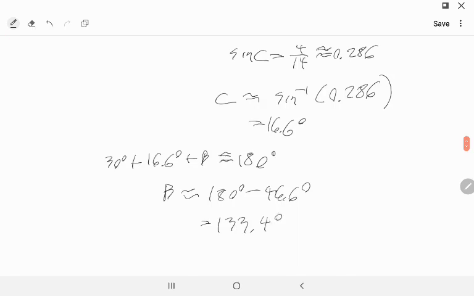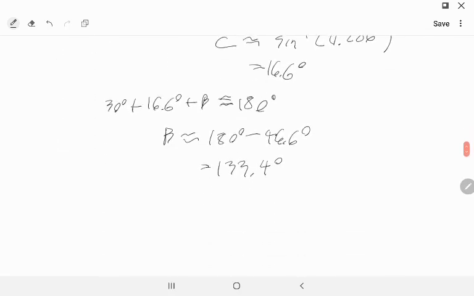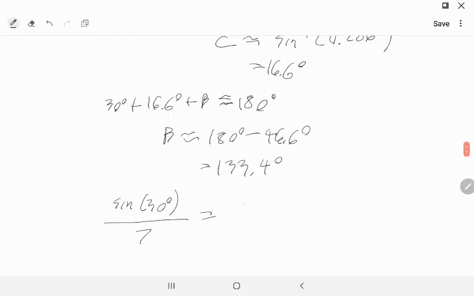And so now we can go back and say that sine of 30 divided by 7 has to be the sine of B, 133.4, divided by lowercase b.